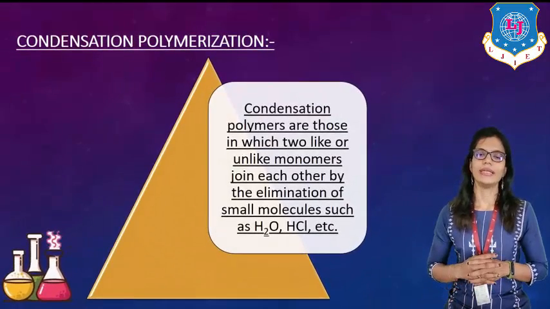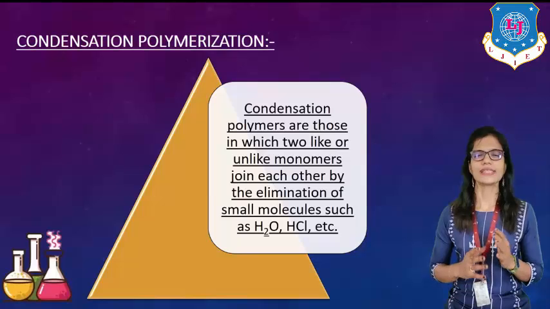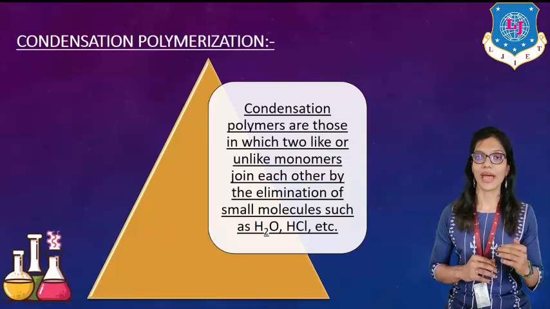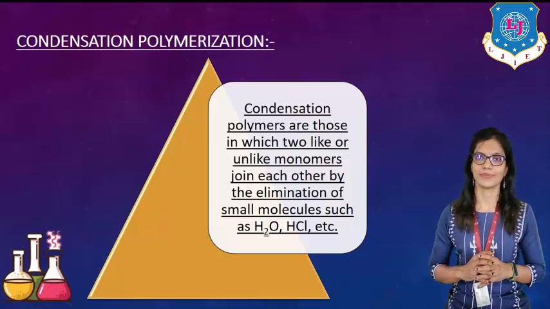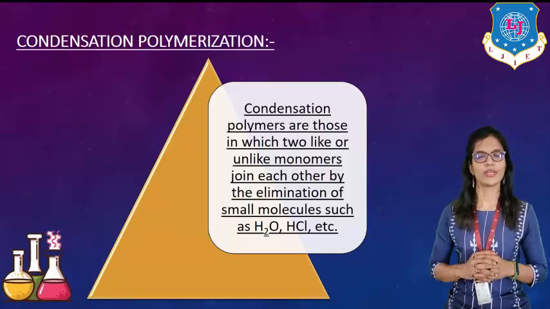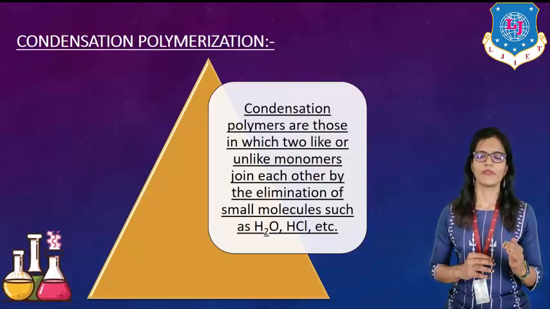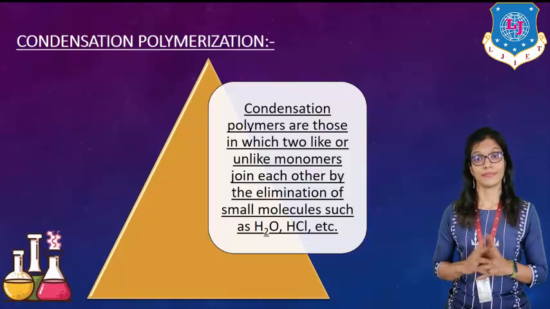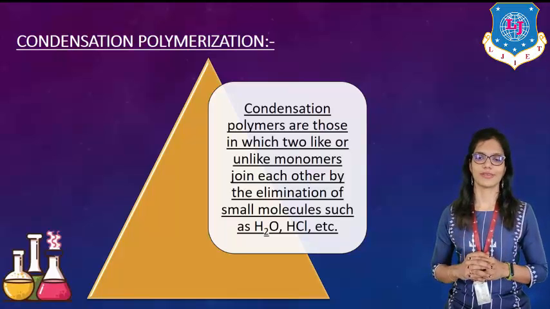Okay? Now, let's take a look at the types of polymerization along with their mechanisms here. We will take a look using an example in a deep study here. The first type is condensation polymerization. So what is the meaning of it?